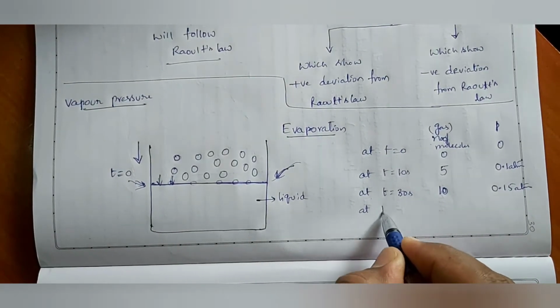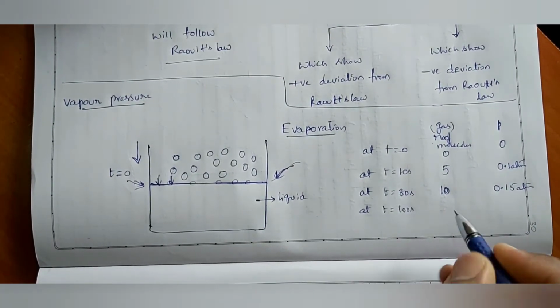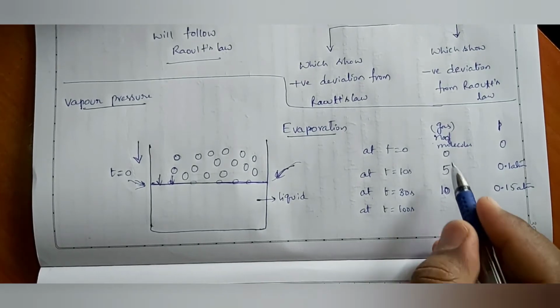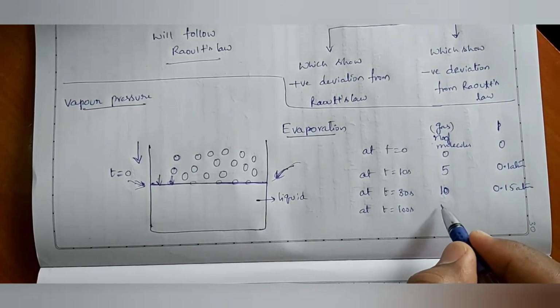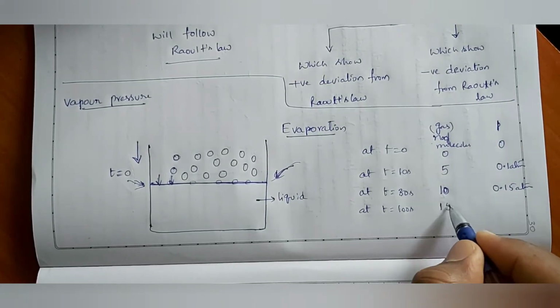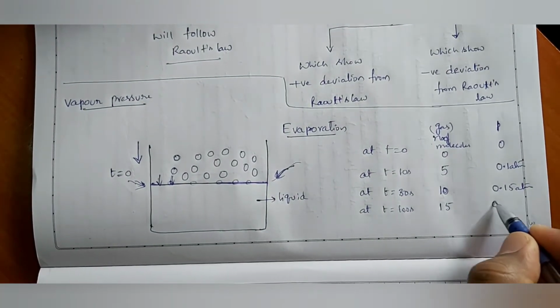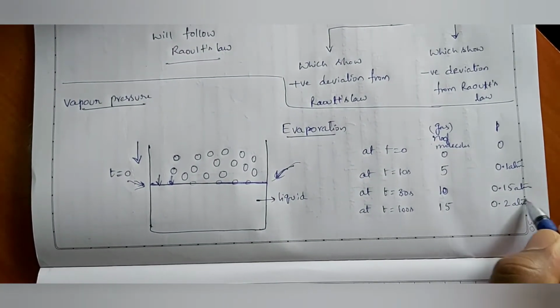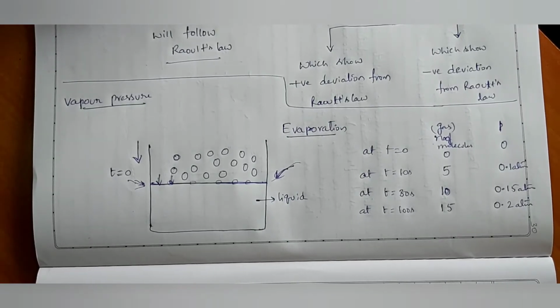At time t equal to 100 seconds, let us consider the number of molecules became 15. Then I observed that the pressure became 0.2 atmosphere.